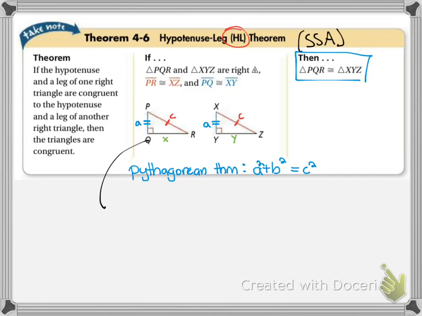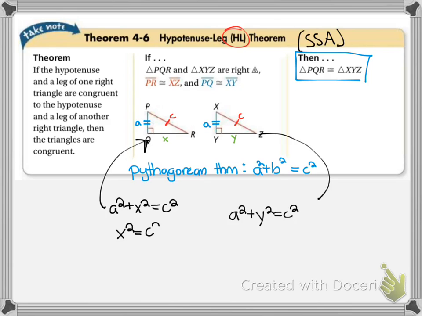If we were to use the Pythagorean theorem for this triangle, we would have a squared plus x squared equals c squared. For this one, we would have a squared plus y squared equals c squared. Now, if I solve this one for x squared, it would be c squared minus a squared. If I solve this for y squared, it would equal c squared minus a squared.